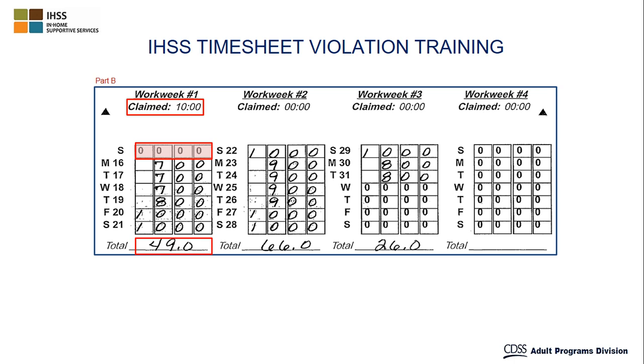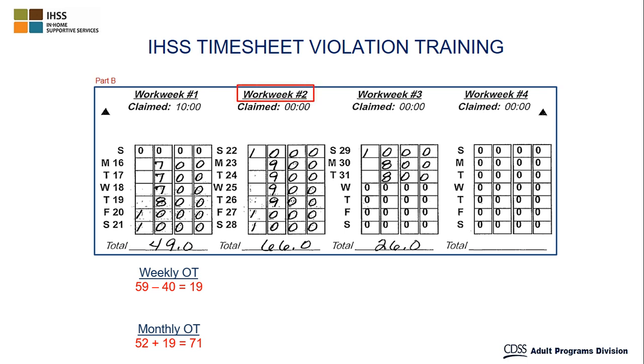When those 10 hours are added to the 49 claimed hours for Workweek 1 on this timesheet, the provider gets 59 total claimed hours for this work week. This gives the provider 19 overtime hours for Workweek 1 on the Part B timesheet. The provider now has a total of 71 overtime hours for the month up to this point.